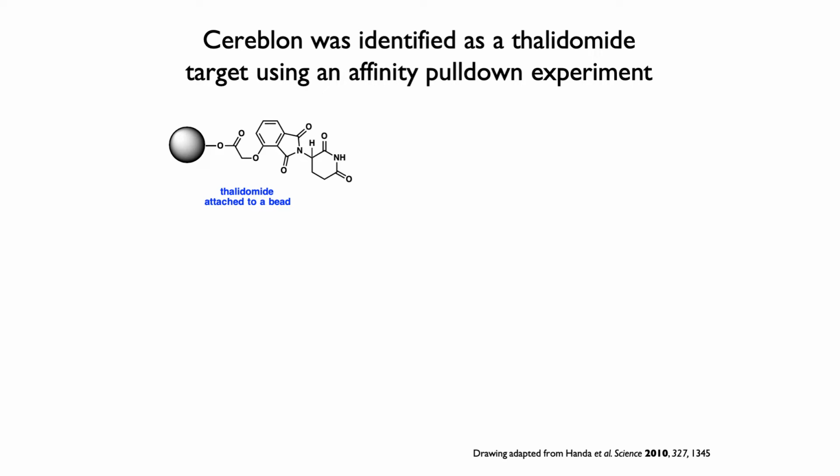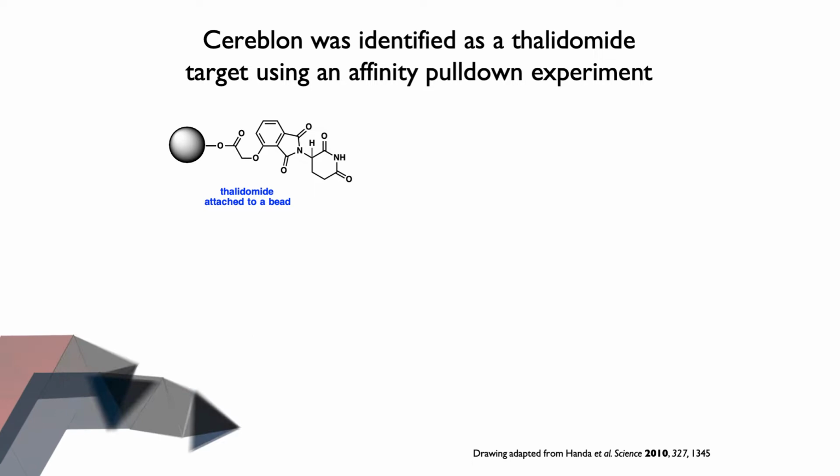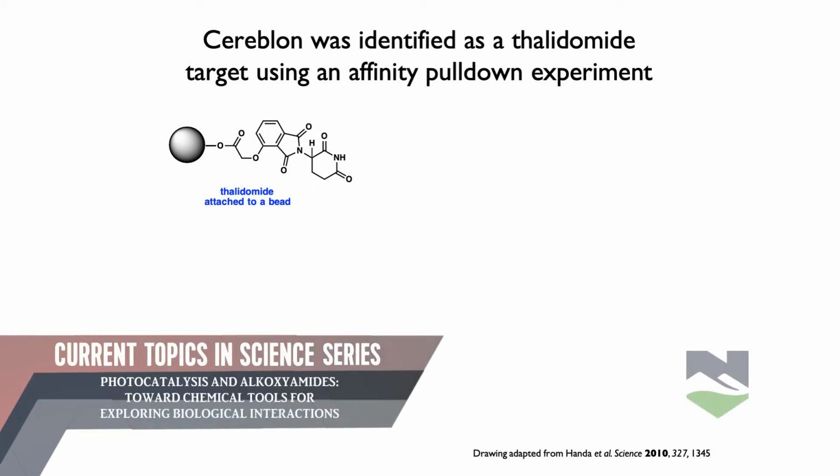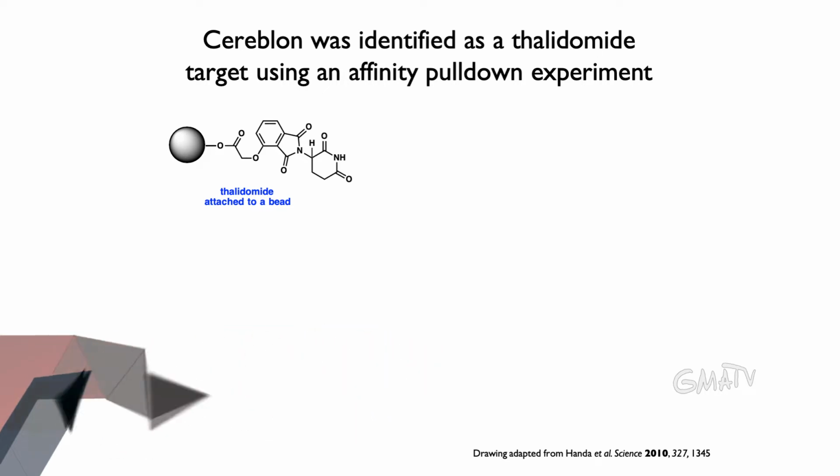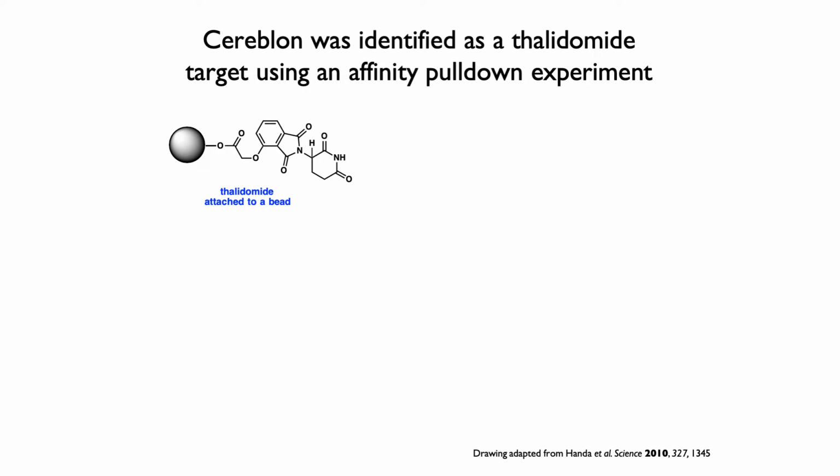That's a solid support. It basically looks like beads. And they did this by adding a linker, which is right there, to thalidomide so that they could connect it to the bead. So it's permanently tethered to the bead, or otherwise known as covalently tethered to the bead.